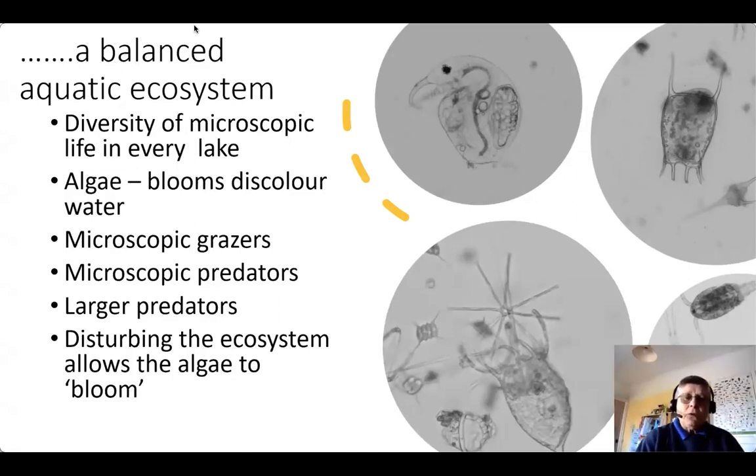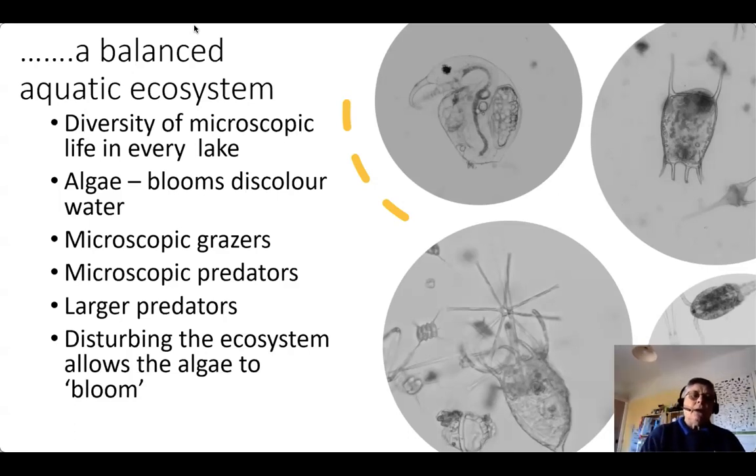In every lake, you have things like the water fleas and the rotifers, and these feed directly on the algae, so they are microscopic grazers. Or you find that there are predators present and they feed on the water fleas and other grazing aquatic life. And then, of course, the larger predators will feed on the rotifers and on the smaller animals. The mayflies will feed on the algae and on the Cladocera.